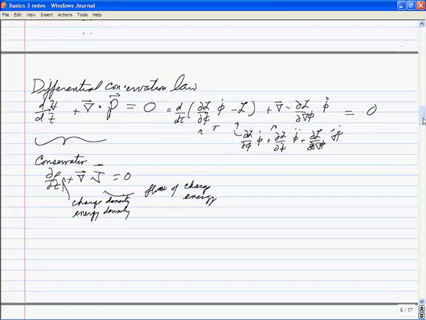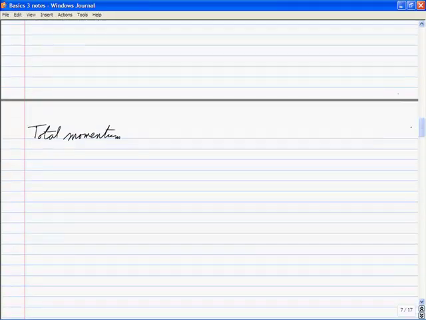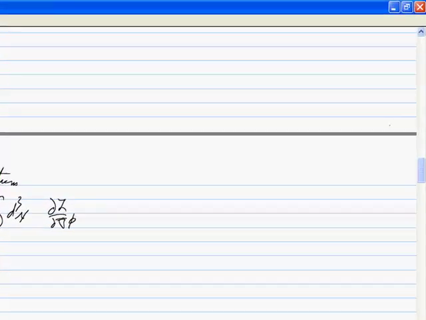And moreover, if I take the total momentum, let me call it capital P total, with a little bar underneath it, it is the integral d3x of dL d del phi times phi dot.